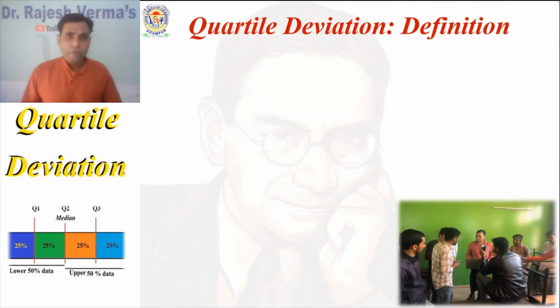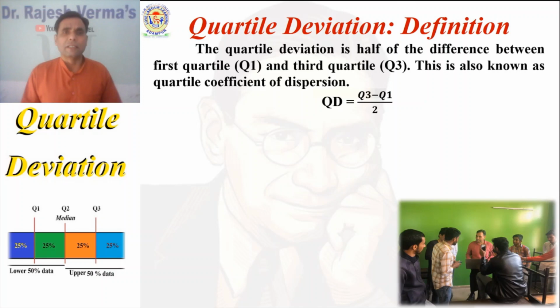Now, what is quartile deviation? It's a very simple one. The quartile deviation is half of the difference between the first quartile and the third quartile. I told you the 3 points, Q1, Q2 and Q3. So you take the difference between Q3 and Q1, and you halve that difference; that is your quartile deviation.